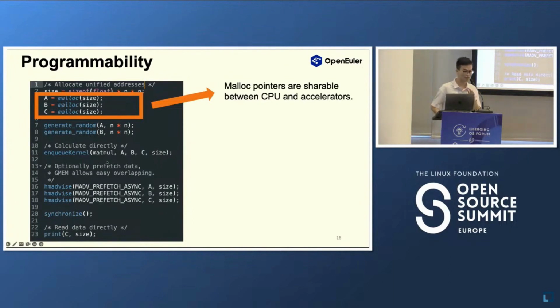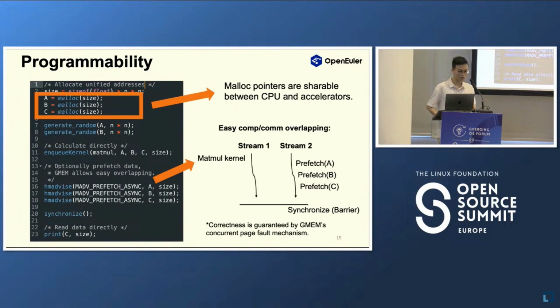There's no explicit memory copying. There's no device-specific buffer. And after that, we also write this HM device call, which is GMEM's version of user-guided memory hints, where we asynchronously prefetch the three buffers to the accelerators.